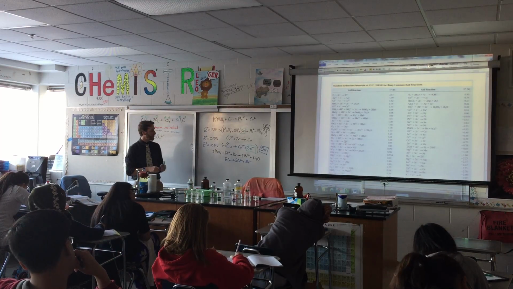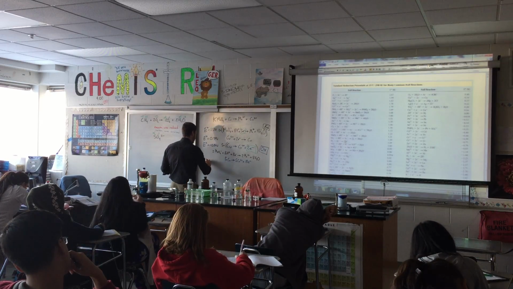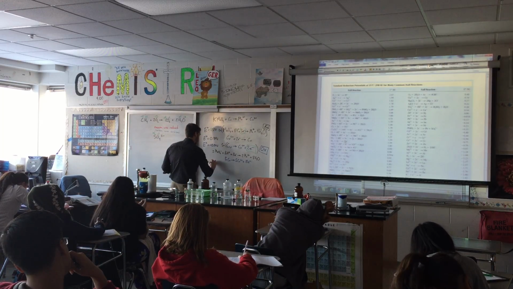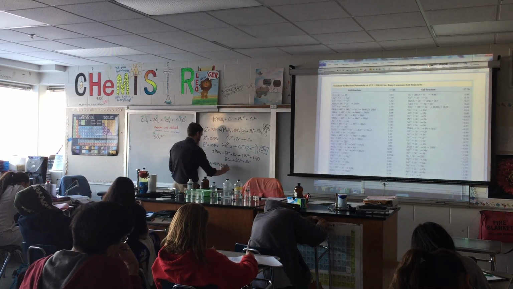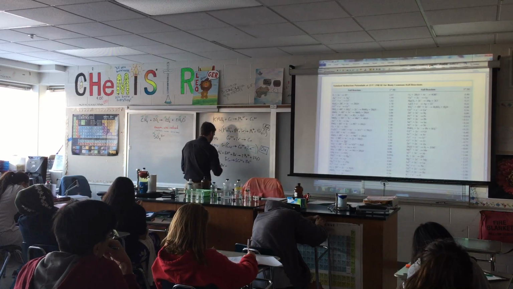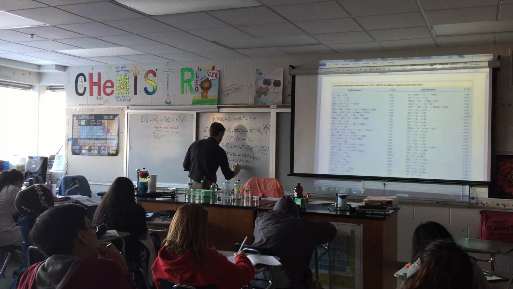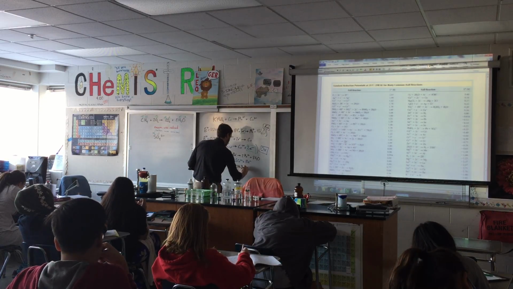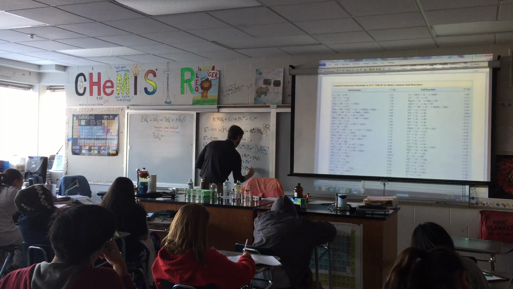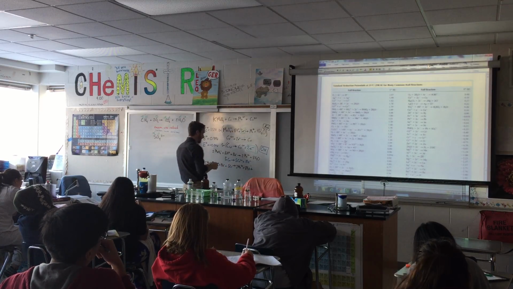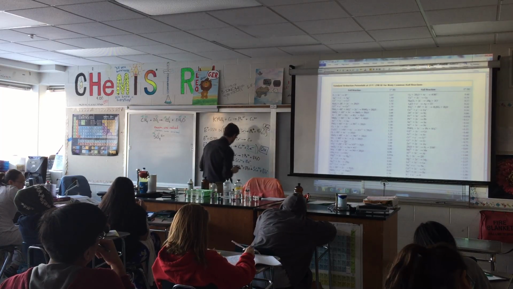When I add these two together, I just add up everything on the left side of the arrows. I add up everything on the right side of the arrows. So 2 MnO4- plus 16 H+ plus 10 electrons plus 5 Cu yields 2 Mn2+ plus 8 H2O plus 5 Cu2+ plus 10 electrons.